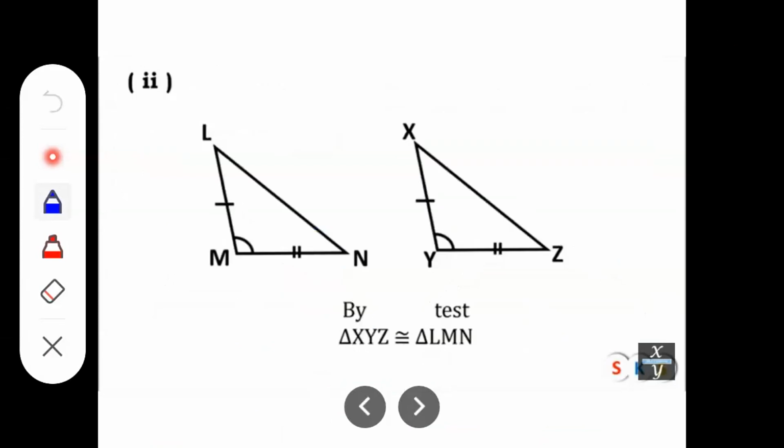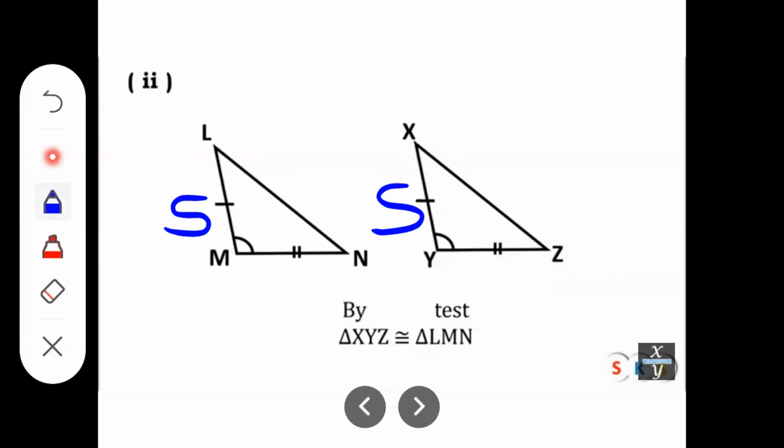Let's see the second one. The triangle LMN and triangle XYZ are given here, and identify the test of congruency of those two triangles. Here you can see this side is congruent to this one as marked by the same marking.